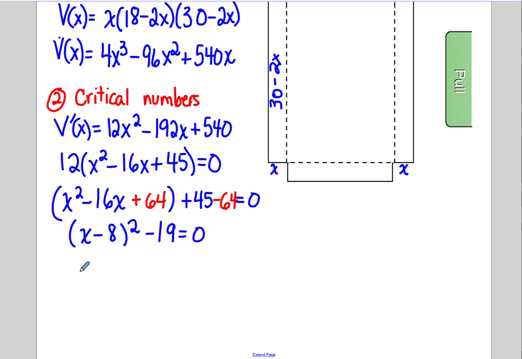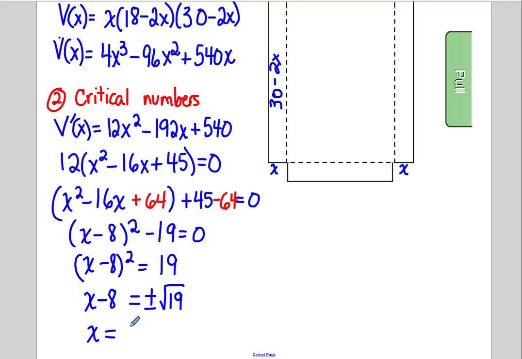So now we can easily solve this without using the quadratic formula, causing ourselves a bunch of stress. Taking the square root of both sides, we end up with x minus 8 equals plus or minus the square root of 19.